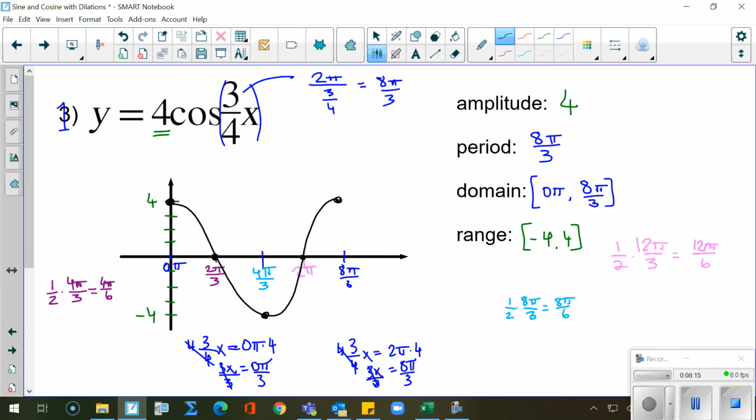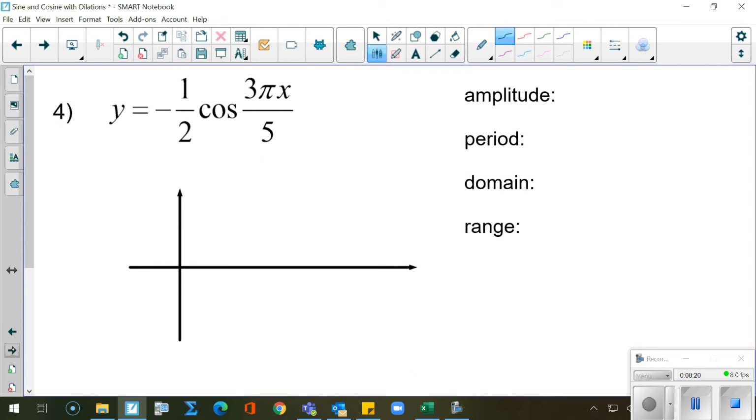There's our cosine graph. We're going to try one more together. This one has a reflection. So instead of starting at a maximum, it'll start at a minimum, and then follow the same pattern.